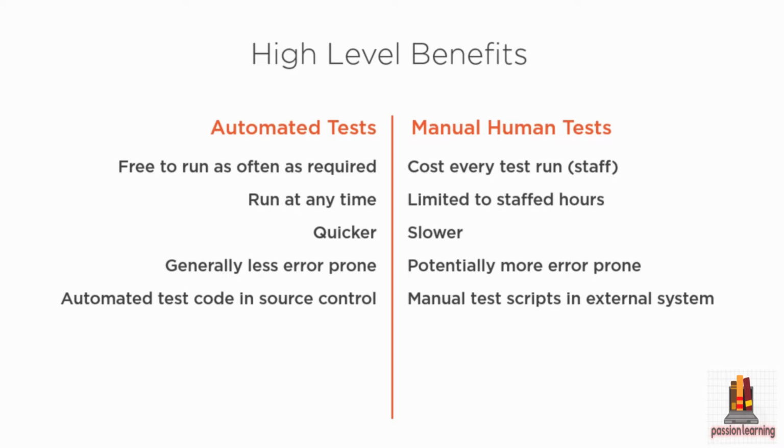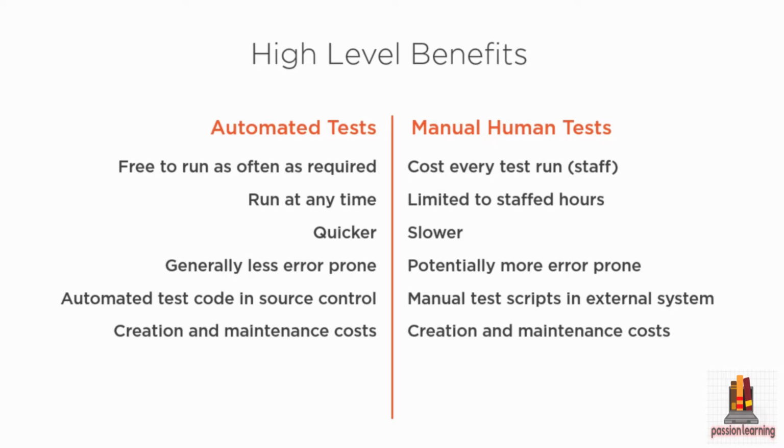This means that it's possible for the versions of the test scripts to get out of sync with the actual production code that it's designed to test. Once again, this may mean that defects are missed, or defects are raised by the manual testers that aren't actually defects. It's worth bearing in mind here, though, that automated tests do have a creation and maintenance cost, and so do manual human tests.